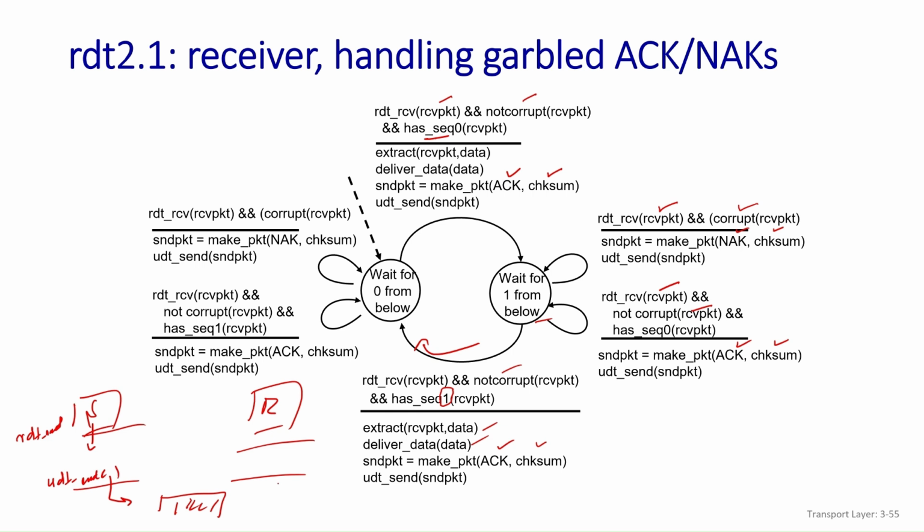And here, whenever the data is received from the lower layer using this method RDT receive, we wait for a call from below. Then we extract it and pass it to the upper layer using deliver underscore data.